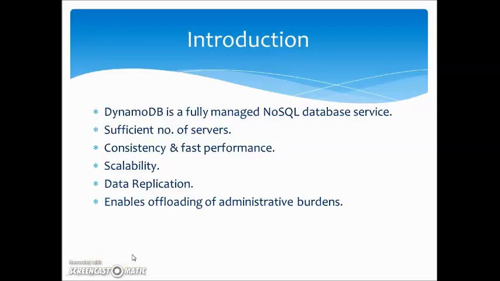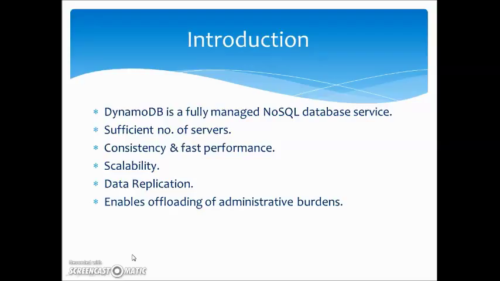A database admin can create a new DynamoDB database table and then scale up or down the request capacity for the table without downtime or performance degradation, and then gain visibility into resource utilization and performance metrics through the AWS Management Console. All the data items will be stored on solid-state disks.